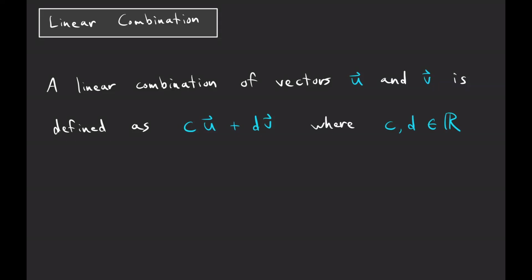Basically, if you take two vectors, two functions, two matrices, or anything, and you do two things: you multiply each of them by a constant, so you scale them, and then you add them or subtract them.